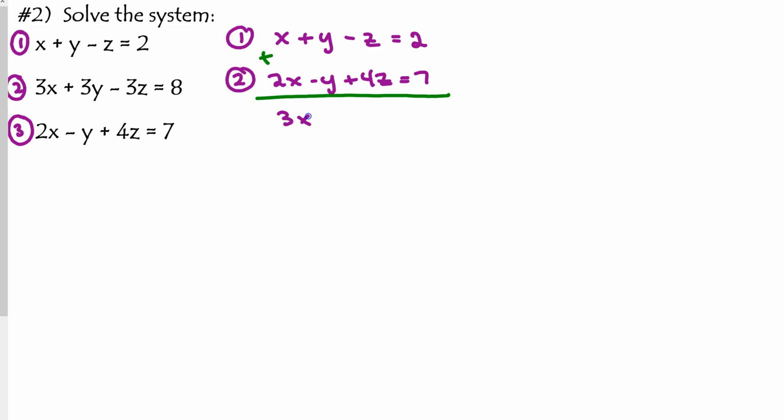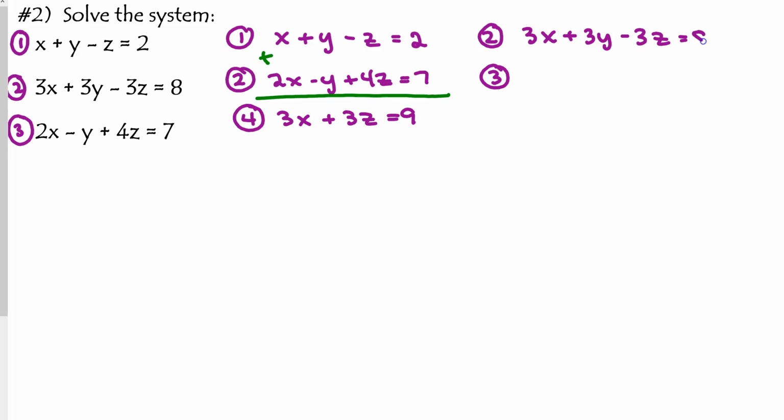So we have 3x plus 3z equals 9. And that's equation 4. And then we need to eliminate y again. So perhaps I use equations 2 and 3. I'll leave equation 2 alone, and equation 3 I'm going to multiply by 3.